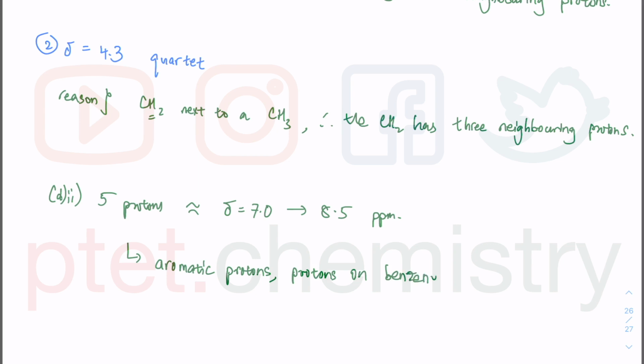Aromatic protons means protons on the benzene ring. They are saying the exact same thing, so you could say either one, or you could say both of them. They will be repetitive, but they're exactly saying the same thing. Aromatic protons on the benzene ring.